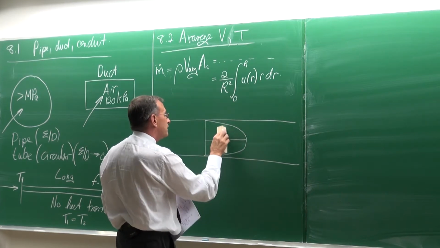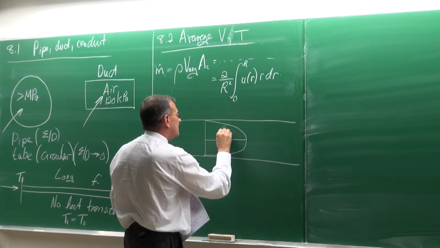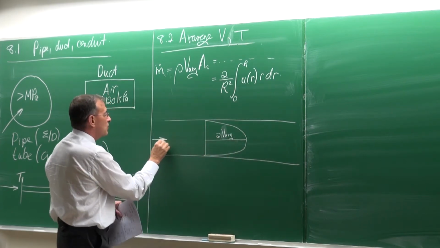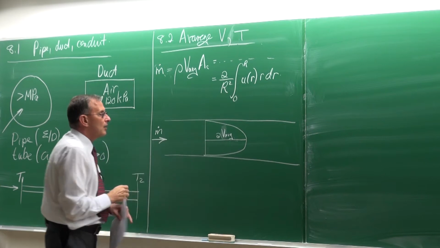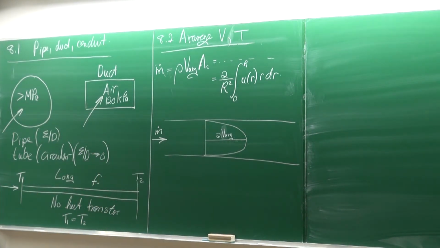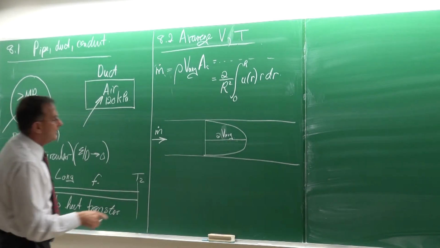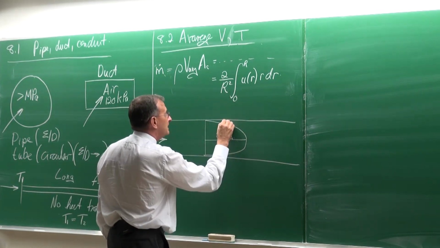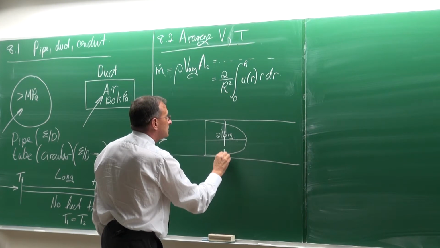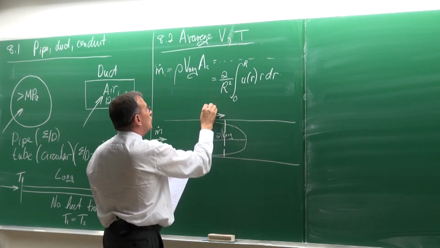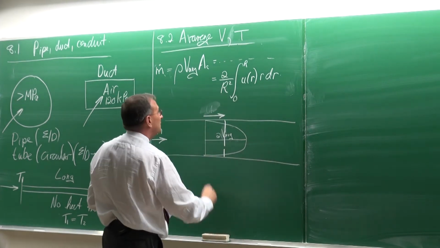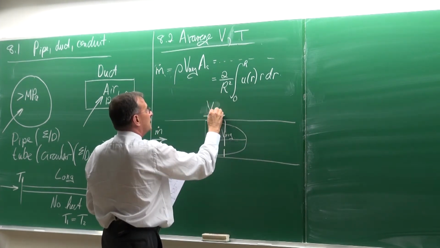Let me call it the average. So the question is now, what do we use in terms of calculating the Reynolds number? And the answer is, you need to go through the process of integrating this and determining V average. We'd rather use V average.